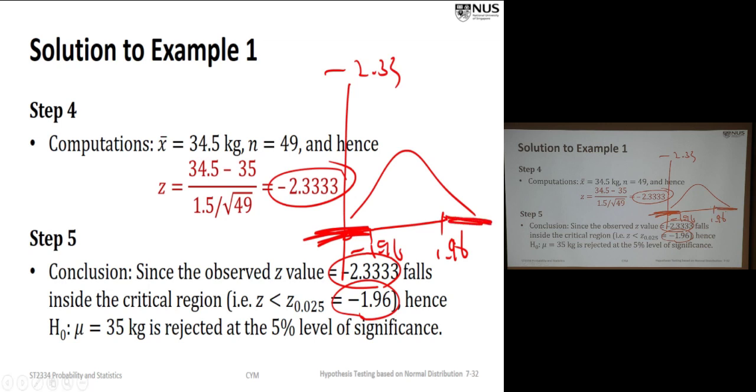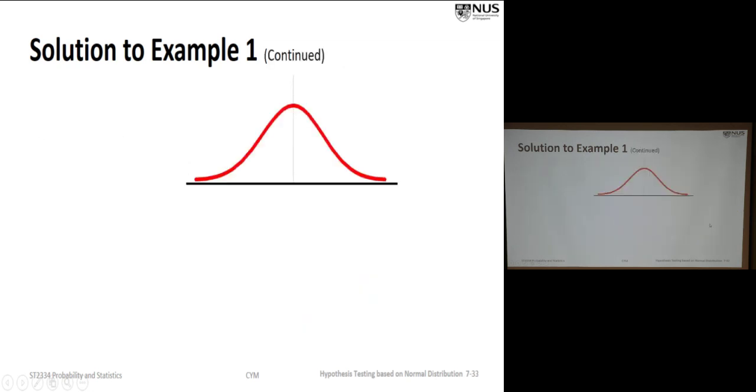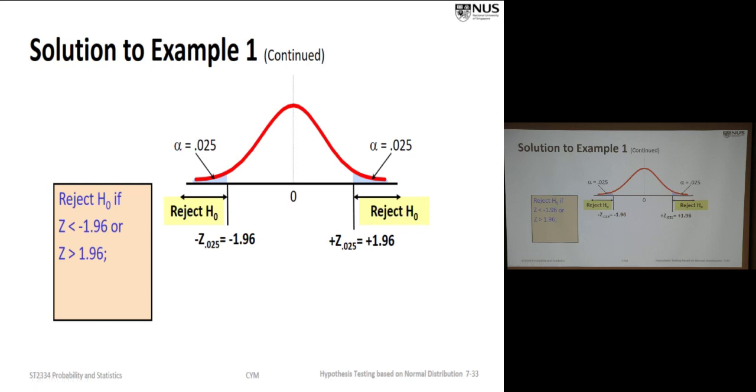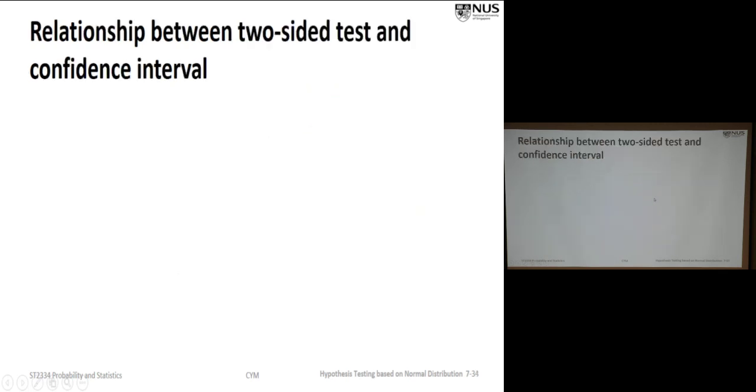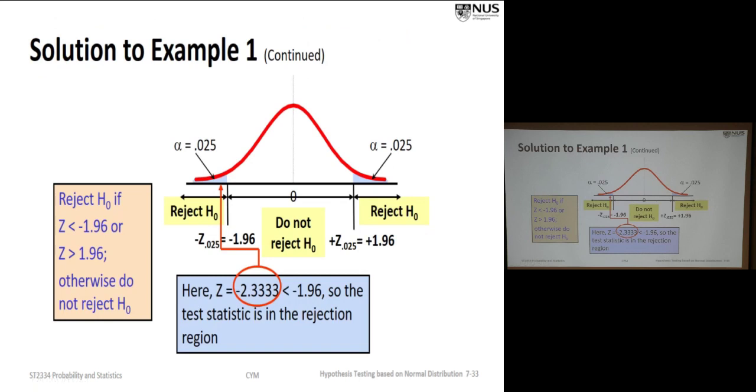So we make a decision: reject the null hypothesis. Here is the idea: beyond 1.96 and minus 1.96 we reject the null hypothesis, and in between we do not reject. Since minus 2.33 falls in the critical region, we reject the null hypothesis.